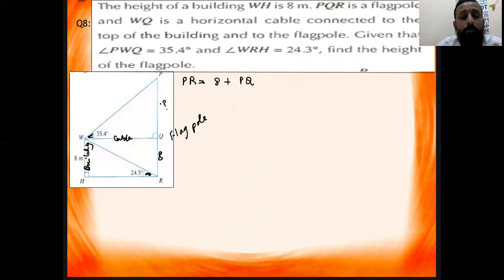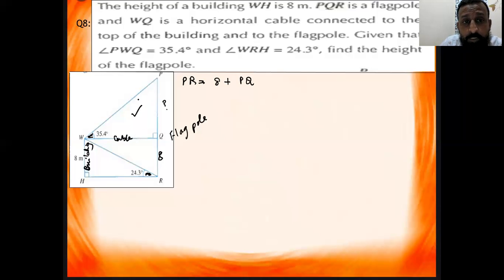So what I need to do, I need to use this triangle to calculate my opposite side. Now, in order to calculate this opposite side, what do I need? In the triangle, at least I need one side to calculate this, so that I can apply either sine, cos or tan. As an acute angle is given, 35.4 degrees, but there is no side given to us.